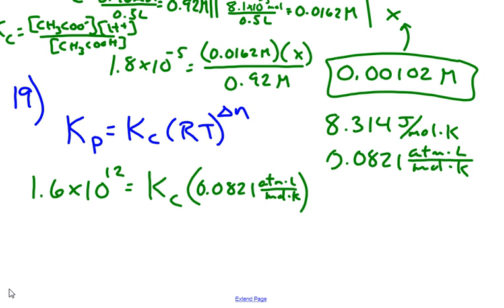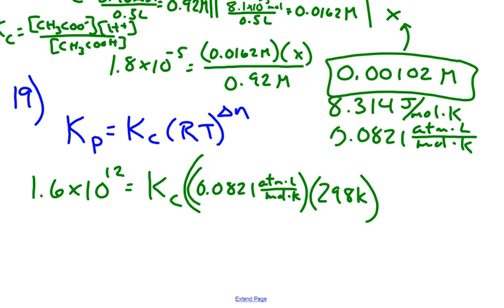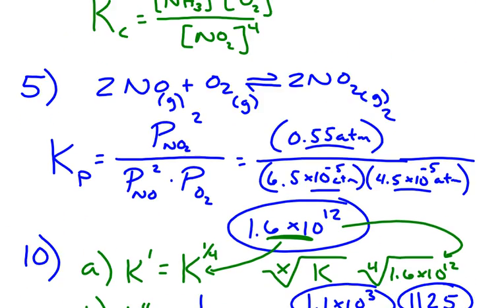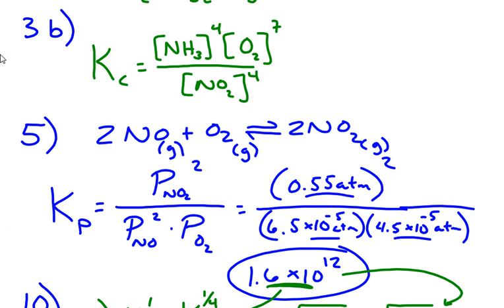I'm going to double this up. Temperature, what am I writing? Look at the problem. Good. And then, change in n. What is it? Let's go back up. Here's my equation. What's my change in n? -1. And, just so you know, it's only the gases that you can use this with.